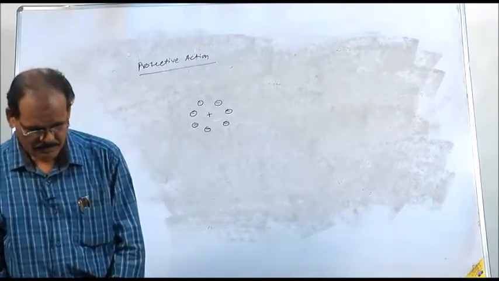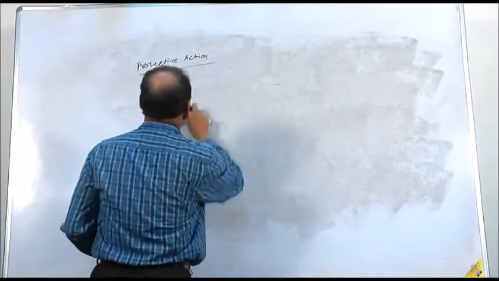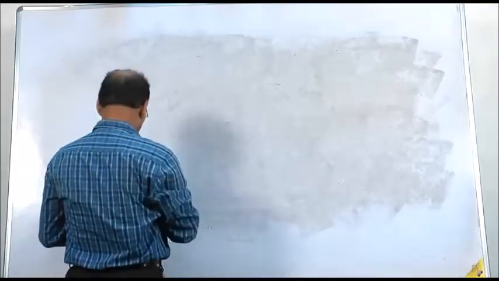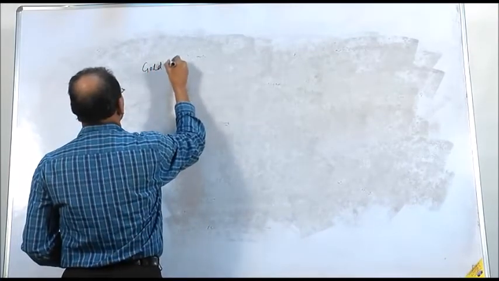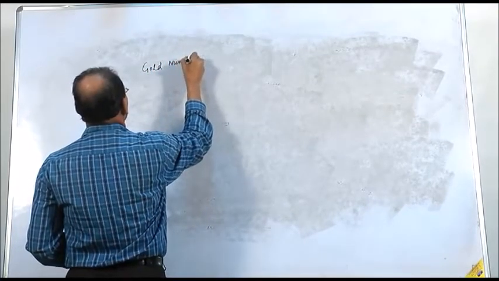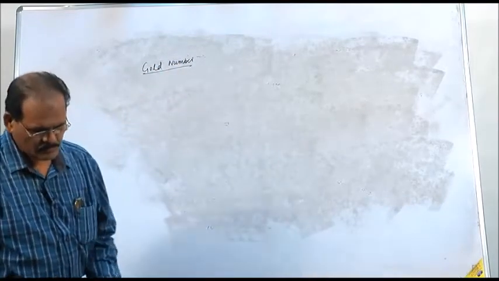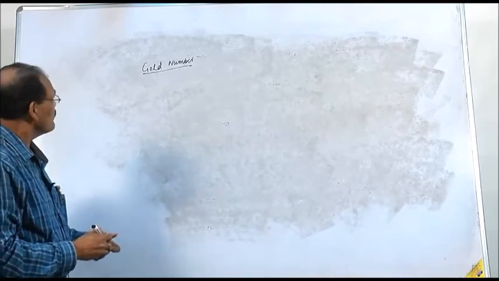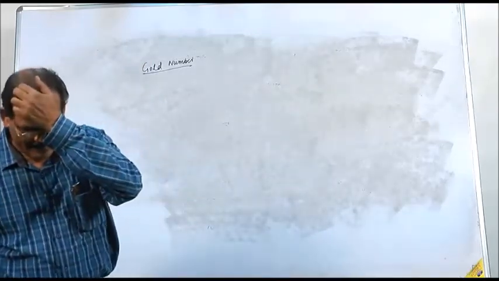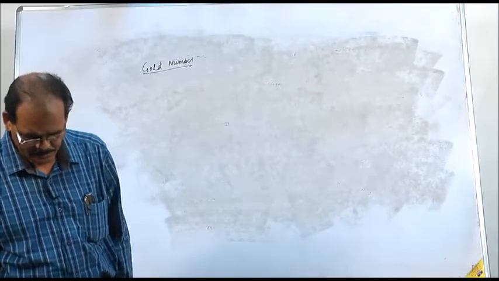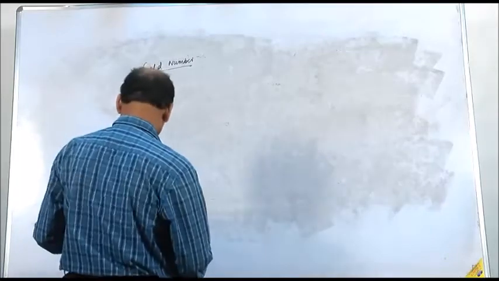Another term is known as gold number. What is gold number? It is a method to give a colloidal solution by adding the electrolyte of a given amount. In that case, what happens?